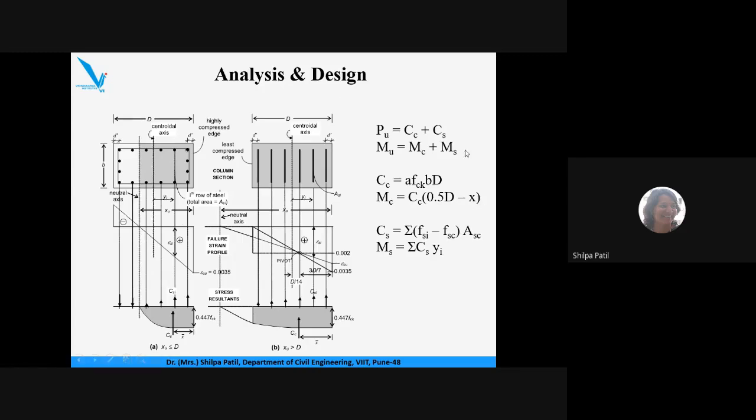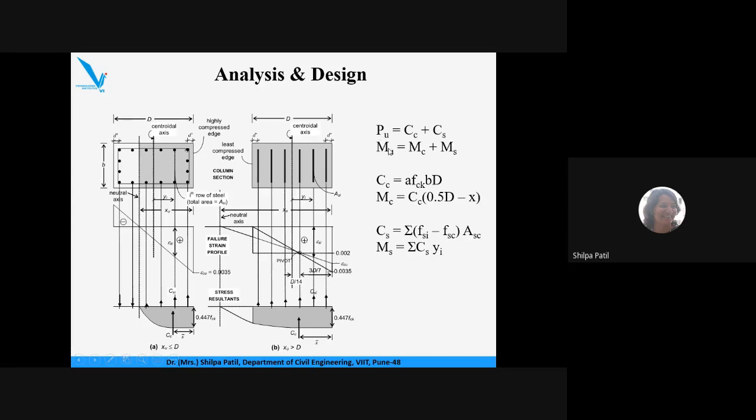The same equation is written over here: if Pu is the external load acting on a column, Cc will be the force of compression developed in concrete, and Cs will be the force of compression developed in steel. The addition of these two, because both materials combinedly resist the force, will resist the external load Pu.